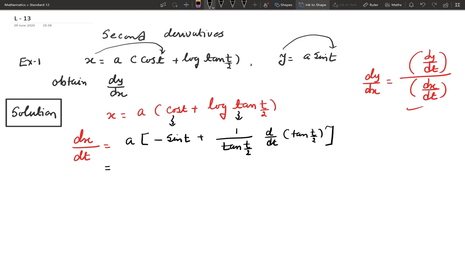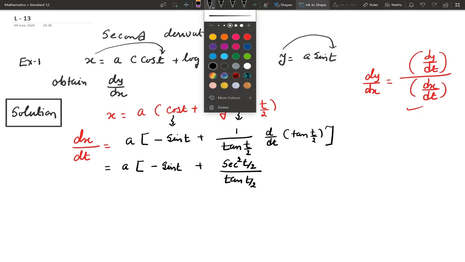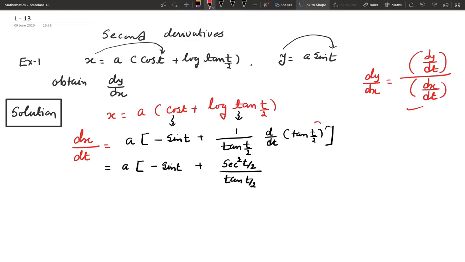Now let us simplify. A into bracket minus sin t plus, now here derivative of tan is sec square t by 2 upon tan t by 2. Again you note that inside it is a function of t, so again by chain rule d by dt of t by 2.